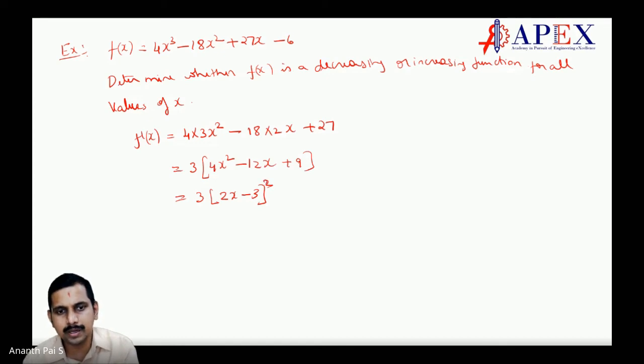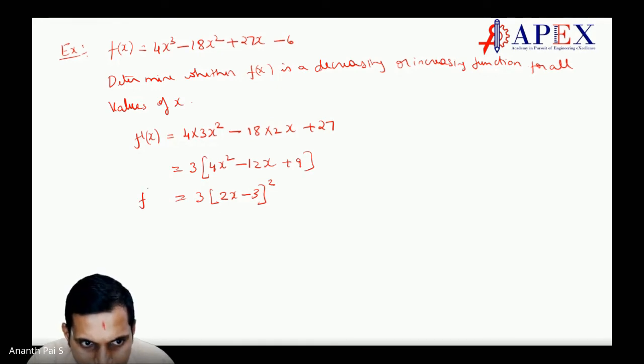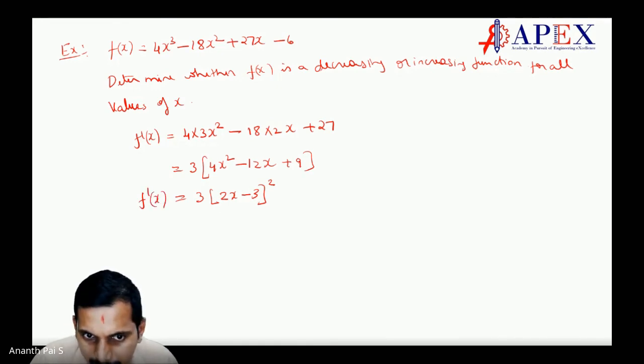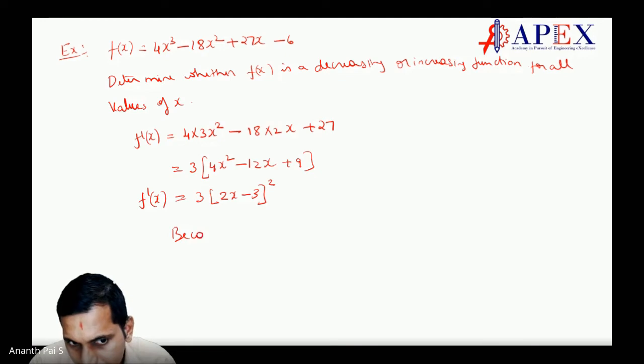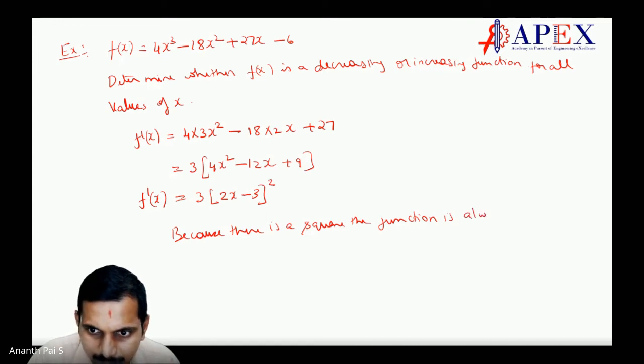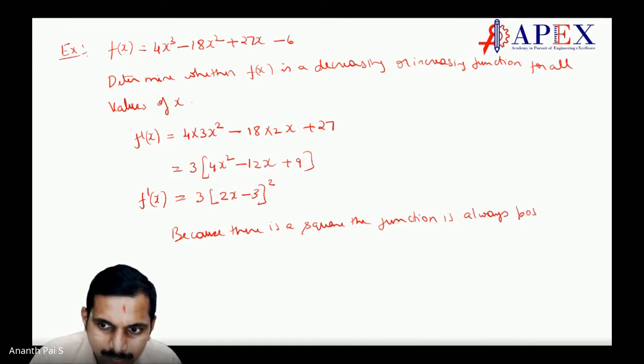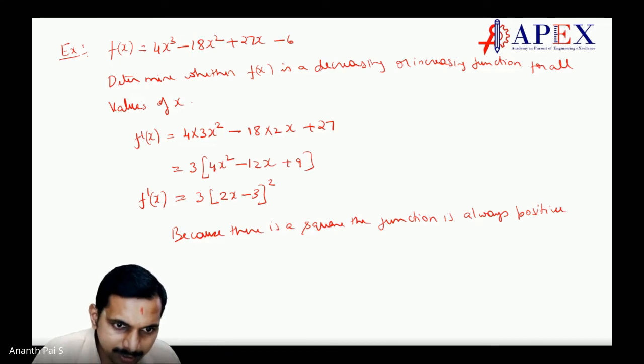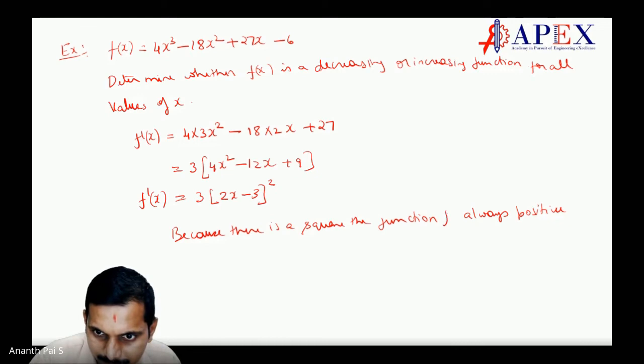So whenever a square comes, you will see it is a positive one, right? So f dash of x, because there is a square, the function f dash of x is always positive. Correct?